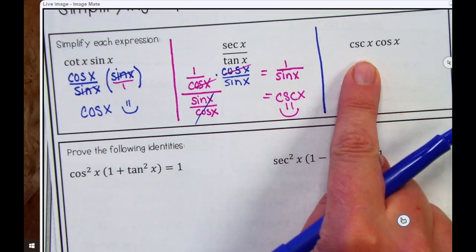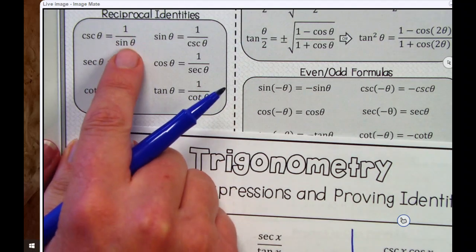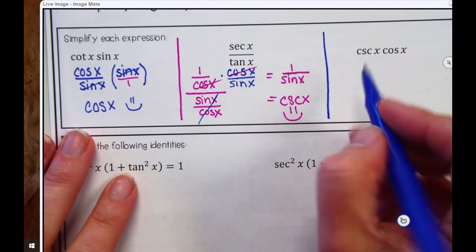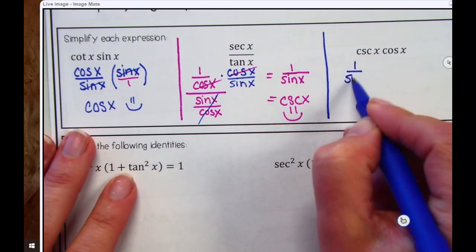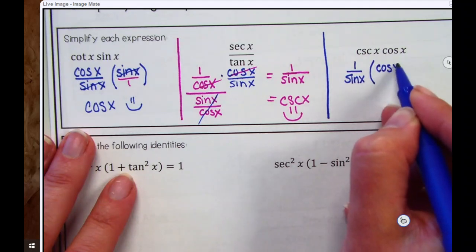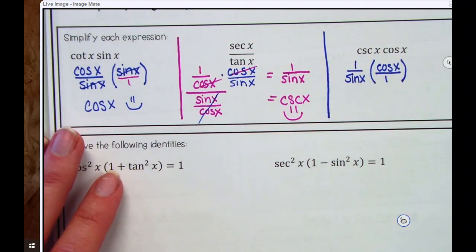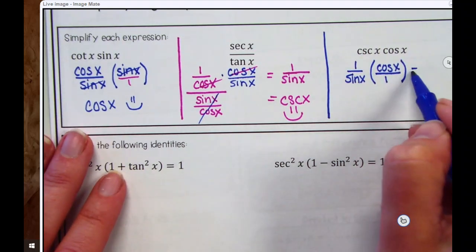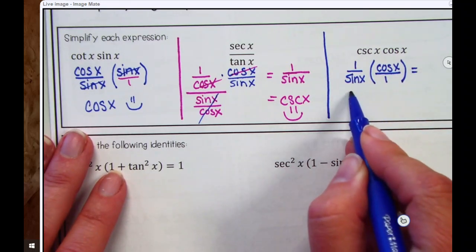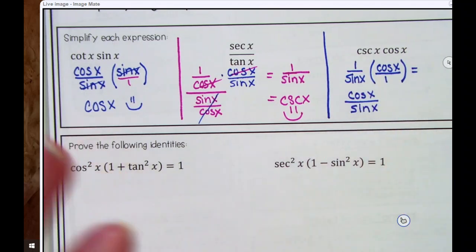Cosecant. What does cosecant equal? Cosecant is 1 over sine. 1 over sine times the cosine of x. When I times those together, because nothing canceled, I get cosine of x over sine of x. Now that feels familiar.